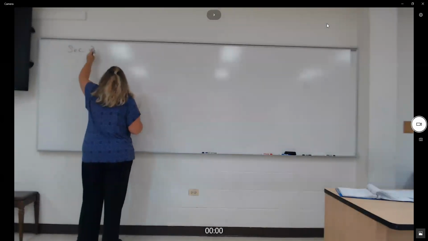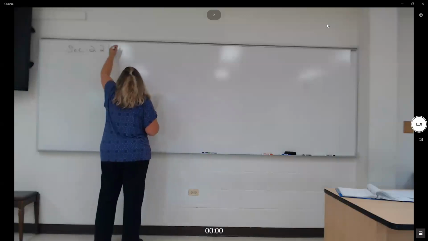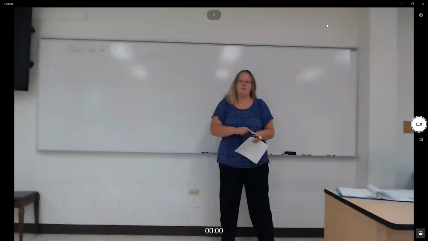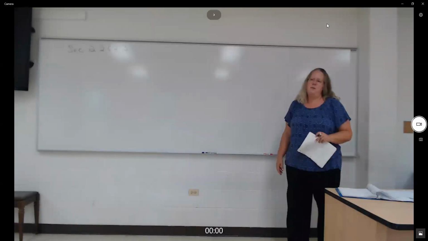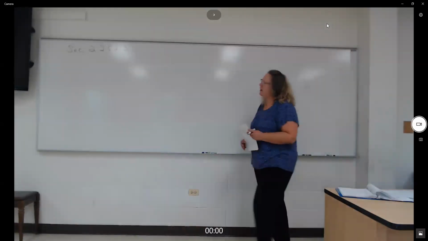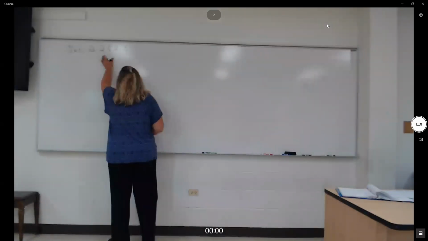Okay, so this is section, we're going to go back and talk about 2.2 and then do a few things with 2.3. Yesterday was 2.3, the rules. And then 2.2, we're going to go back and just talk about a few things. So we'll kind of put those together.